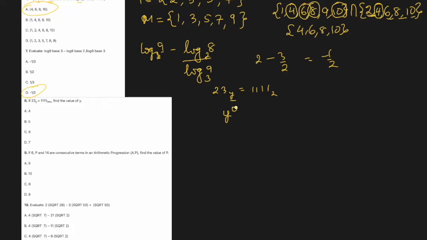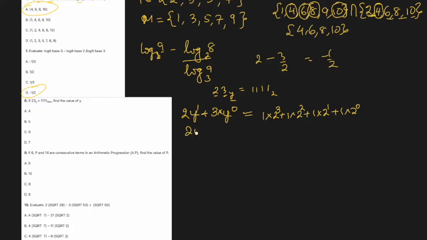So y to the power 0 multiplied by the unit digit, plus y to the power 1 multiplied by the next digit, equal to, same here, 2 to the power 0 multiplied by 1, 2 to the power 1 multiplied by 1, 2 to the power 2 multiplied by 1, and 2 cube multiplied by 1.